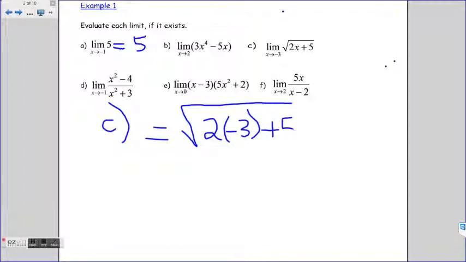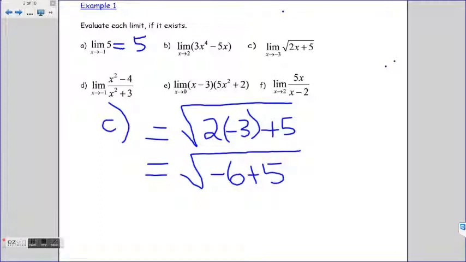These are more straightforward ones. We're going to take a look at limits that are a little bit more complicated, but for now, let's just do this. This makes it nice and simple for you to work out. And the answer is the square root of -1.